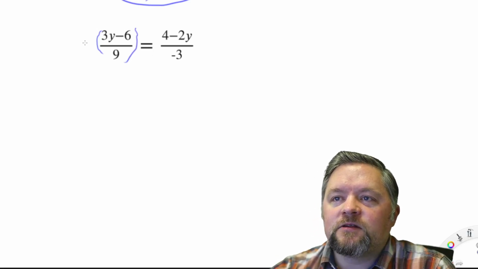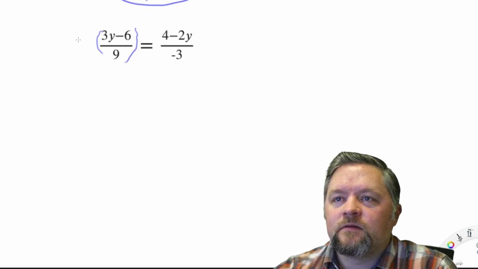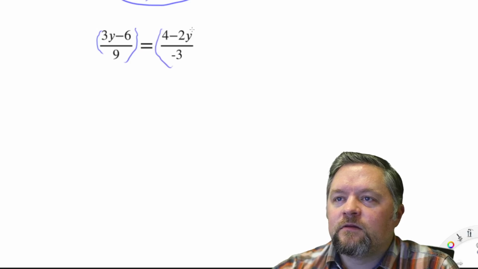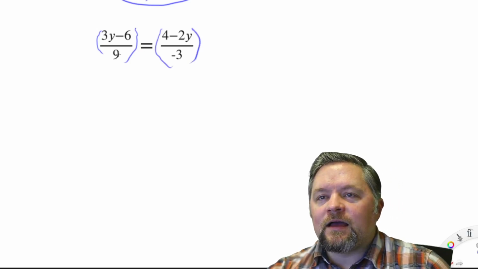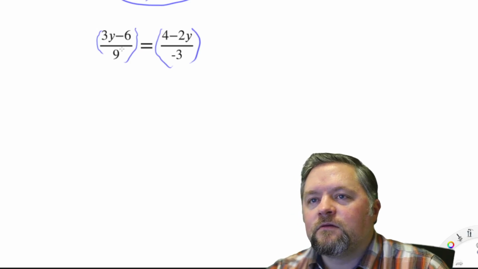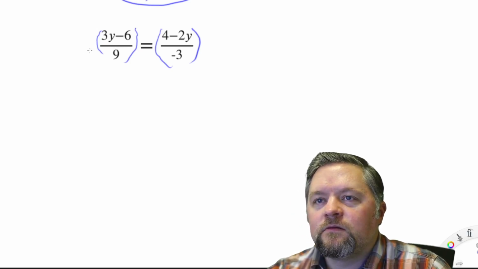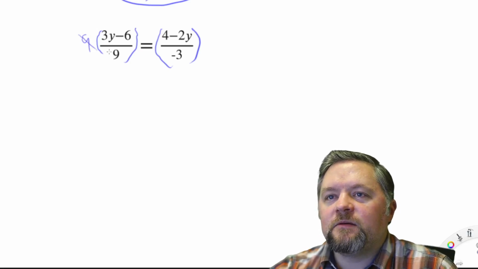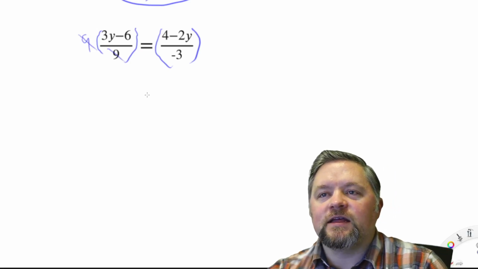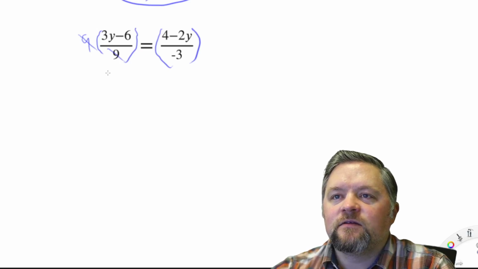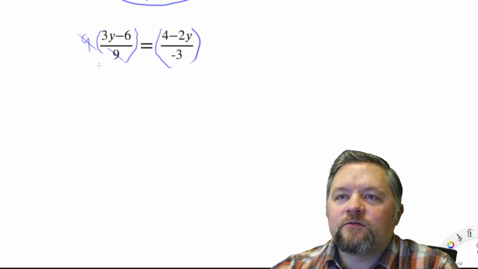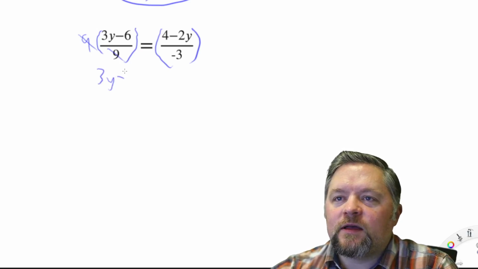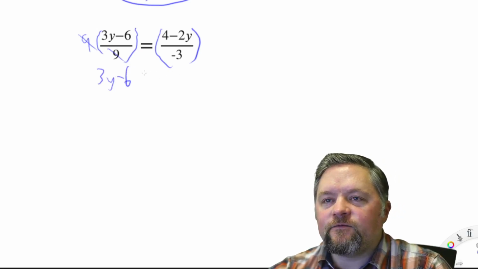Well, if I multiply by 9, that multiply by 9 and divide by 9 will cancel right out nicely. Then we are left with just 3y minus 6 on the left.